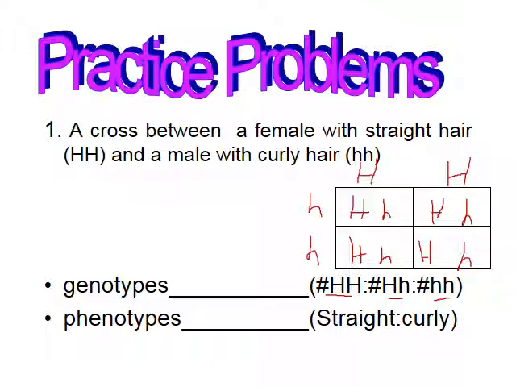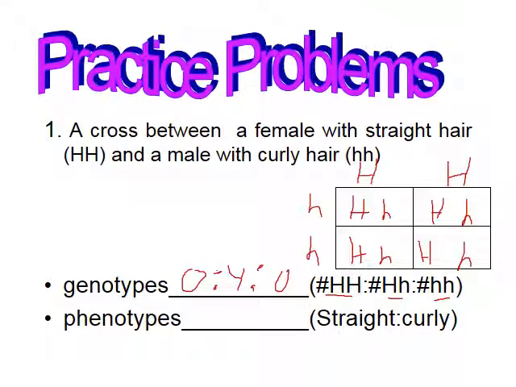So we look at our 4 boxes. None of them are homozygous dominant, so we know the ratio is 0. They are all big H, little h, so we have 4 heterozygotes, and then we have none of the homozygous recessive.